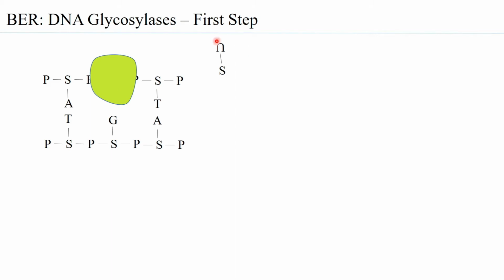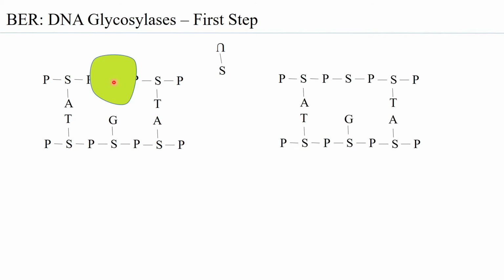After it is flipped out, as I mentioned, the uracil gets into the active site of the DNA glycosylase, and there this bond, the N-glycosidic linkage, that is, the linkage the sugar forms with the nitrogen base, is broken by the DNA glycosylase. So that is the catalytic activity that the DNA glycosylase carries out.